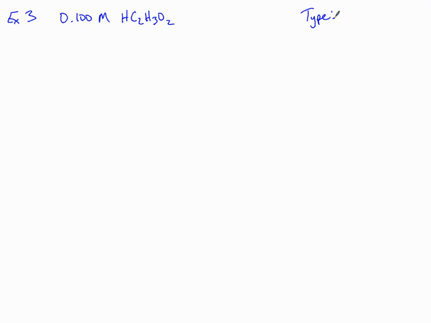There are literally hundreds of them. But there are only 8 strong acids, and if I know those 8 strong acids, any other acid is a weak acid. And I know that this is not one of my 8 strong acids, which automatically means it's a weak acid.